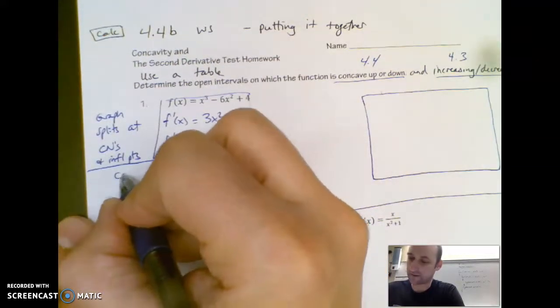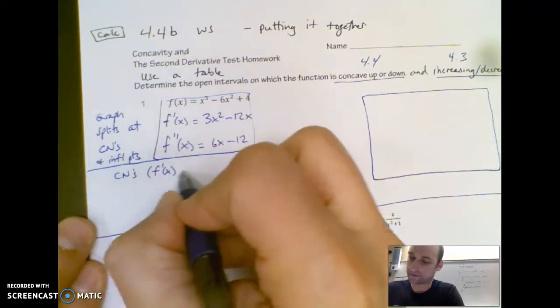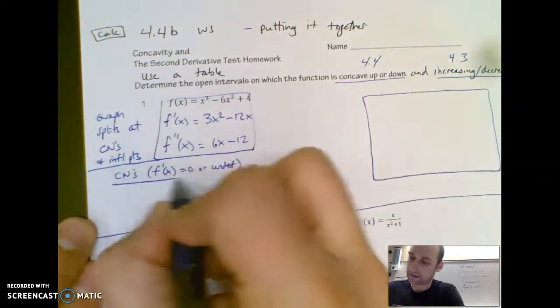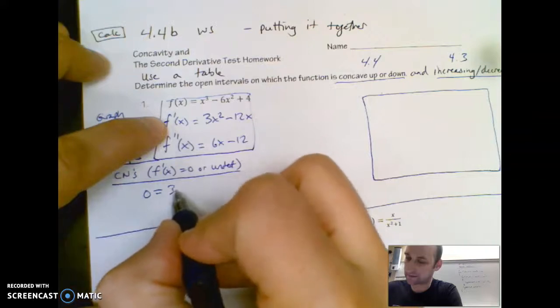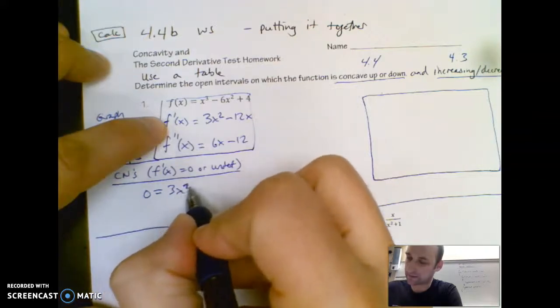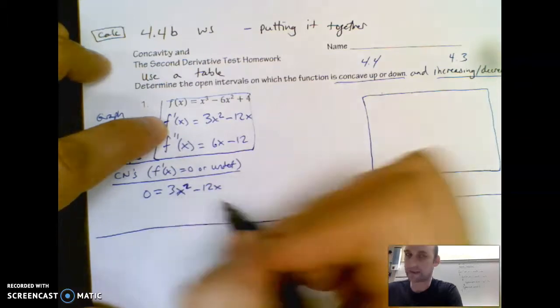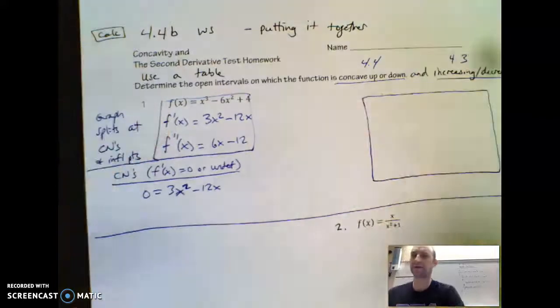You should remember that critical numbers are when the first derivative is 0 or undefined. So I take my first derivative and I set it equal to 0 to find out these critical numbers. And what do they figure out?